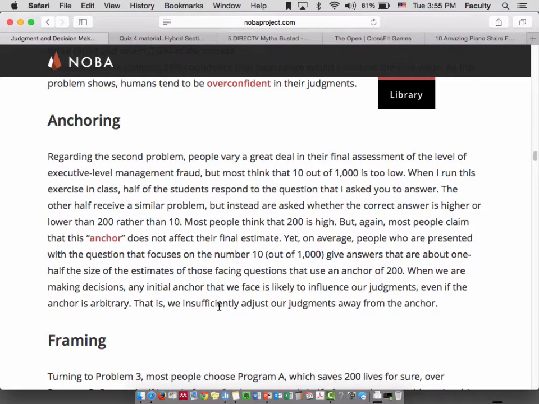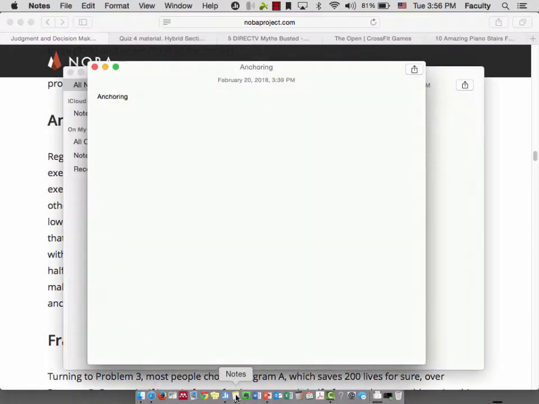Okay, so in the original research, what they asked participants to do was to estimate the answer to a math problem. And there were two versions of it. I want you to imagine that you are a participant in this study.